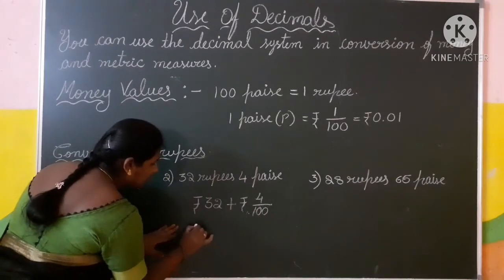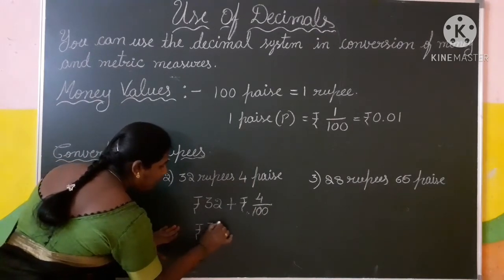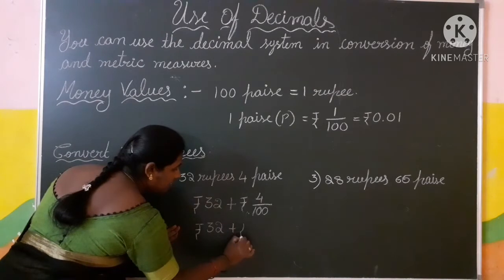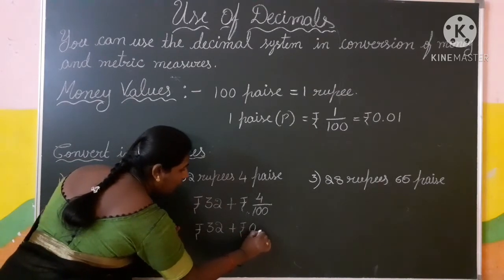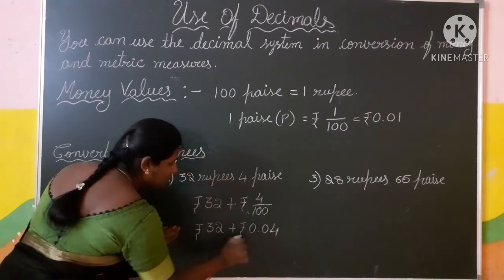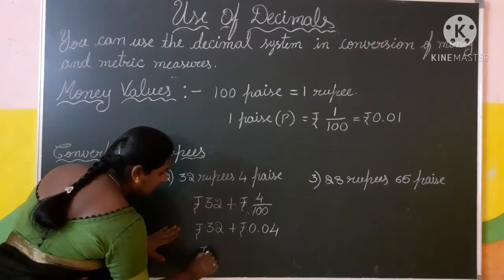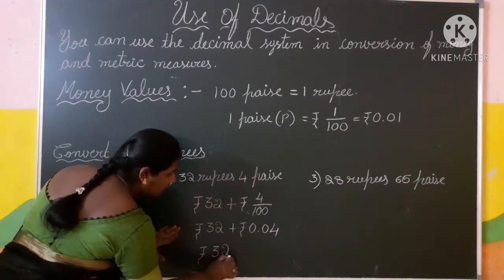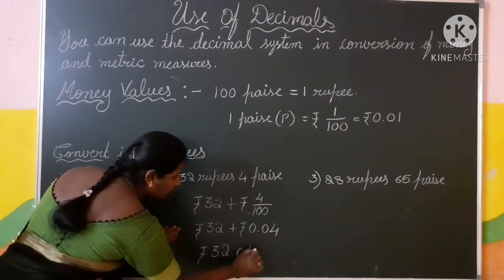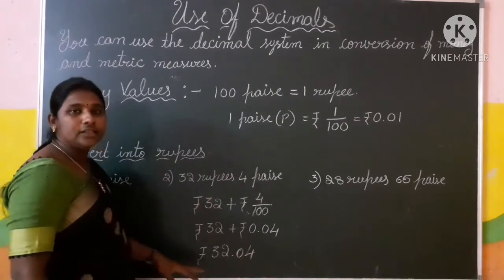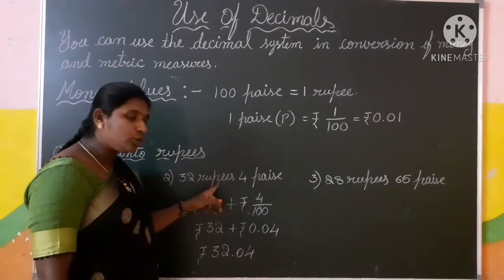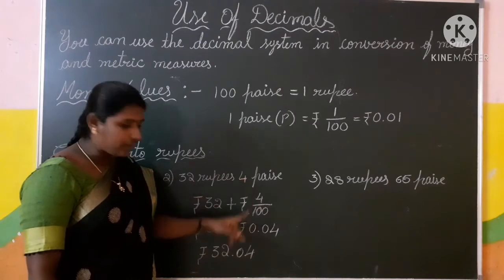So rupees 32 plus rupees 0.04. Adding these two, 32 rupees 4 paise is equal to rupees 32.04.